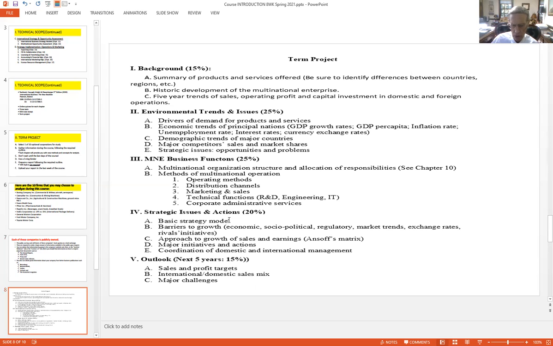So, now you can see the percentage signs, 15, 25, 25, 20, and 15. These are approximations. Each company has information in greater or less quantity.